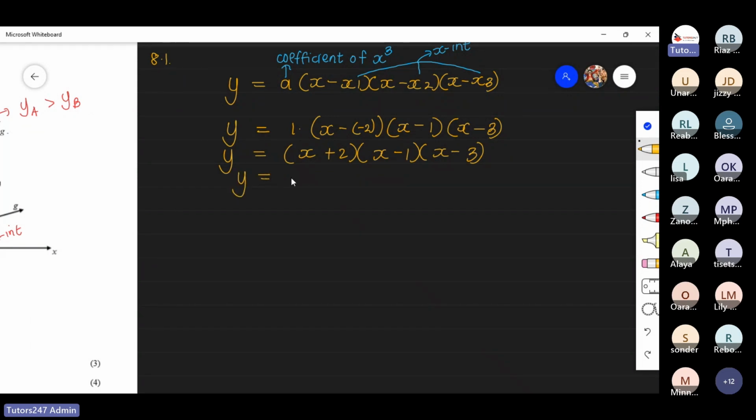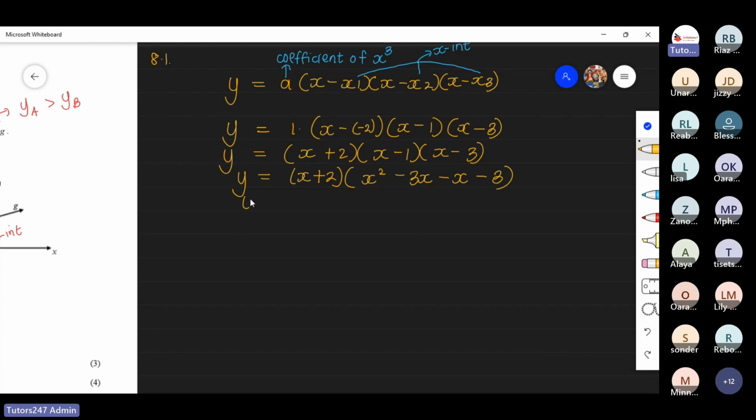Next, we need to simplify. So I'm going to bring down x plus 2, and then I'm going to use my FOIL method on x minus 1, x minus 3. So x times x gives me x squared. X times negative 3 gives me negative 3x. Negative 1 times x gives me negative x, minus 3.